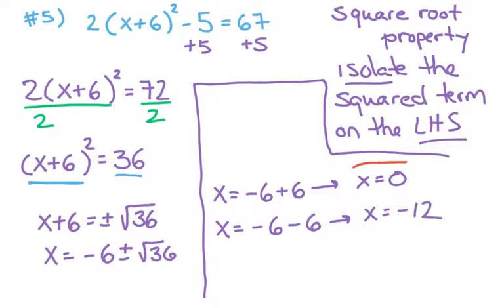And those are my two solutions. So when you already have your variable as a binomial squared, you can use the square root property. You don't want to multiply all this out and then have to complete the square. It's already done for you in disguise.